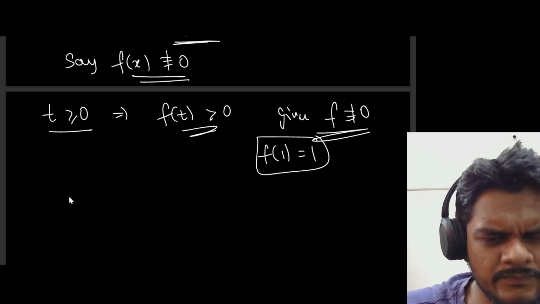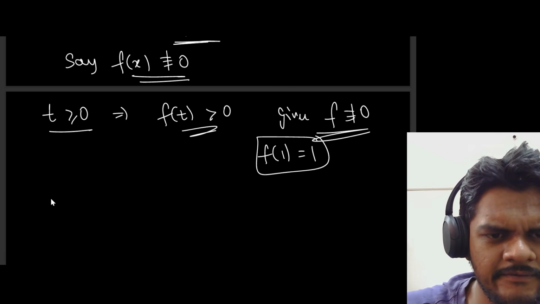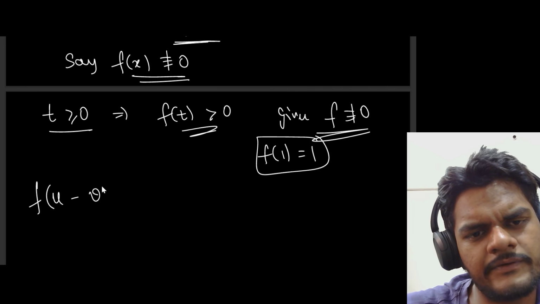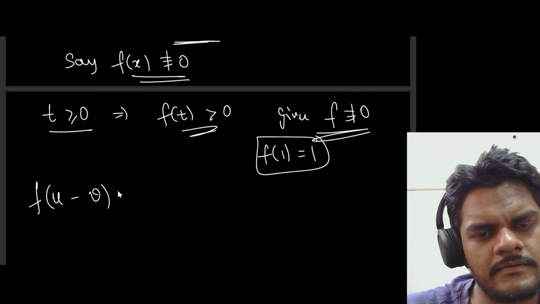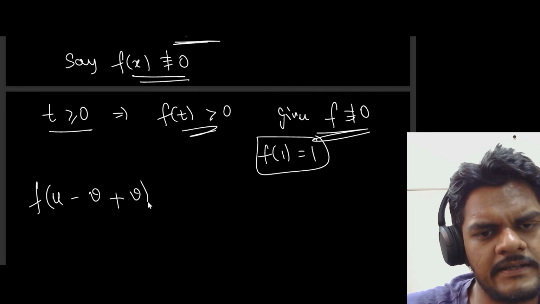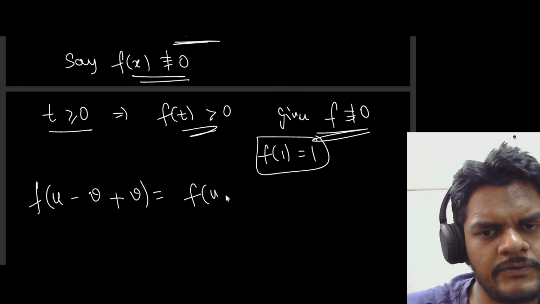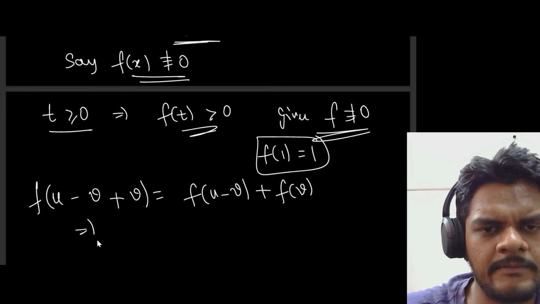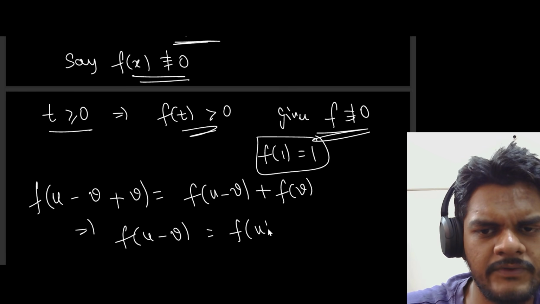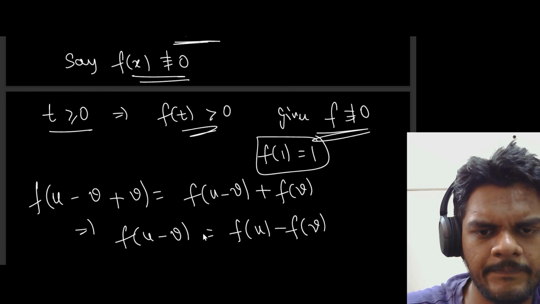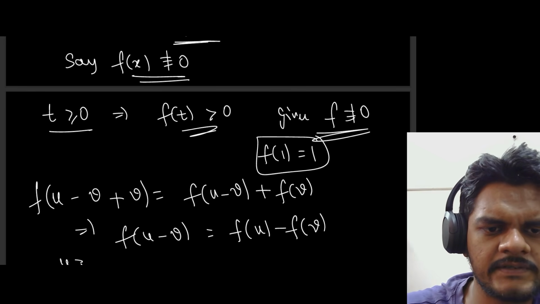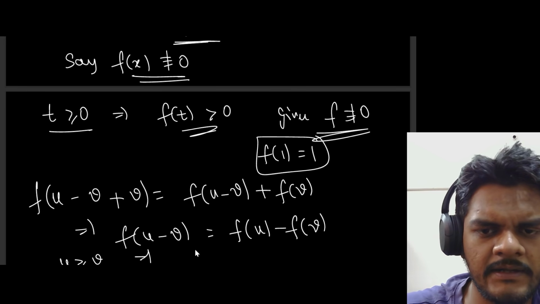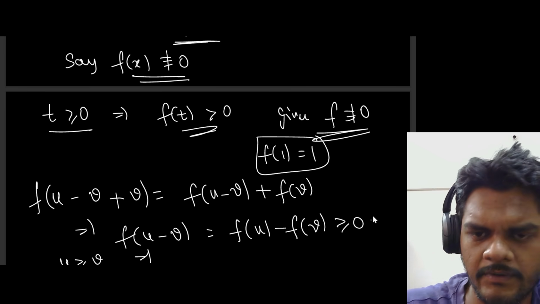Let's see something else. If this is true, then I can also have, if I have u minus v, what is f of u minus v plus v? That is equal to f of u minus v plus f of v. So that will imply f of u minus v is equal to f of u minus f of v. And if u is greater than or equal to v, that will imply this is positive.